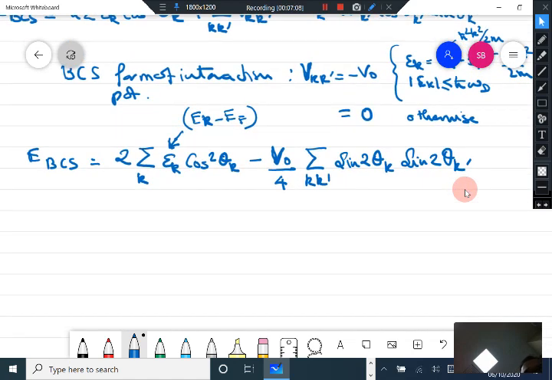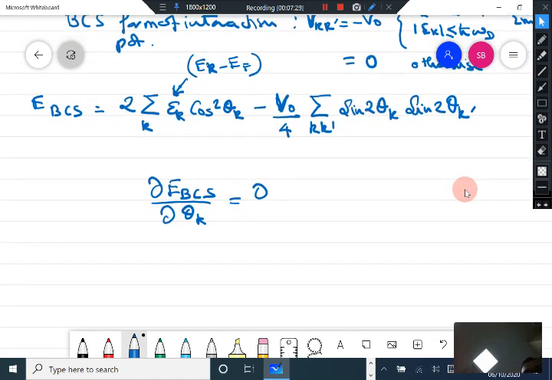Now, in terms of theta k, you will minimize the energy with respect to theta k. So delta EBCS is minimized with respect to theta k. You try to get the optimum value of the expectation value of the BCS energy, and find its minimum.